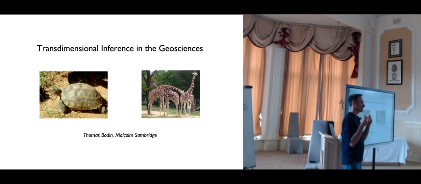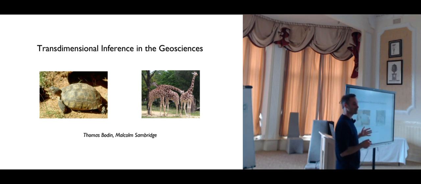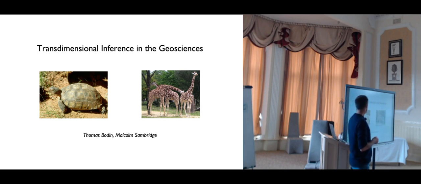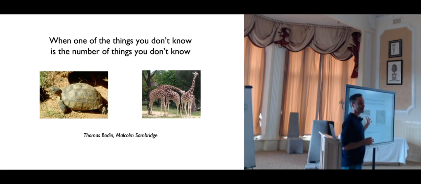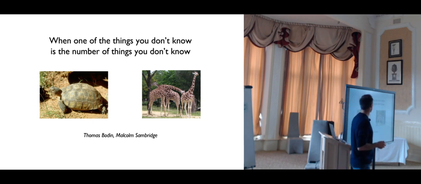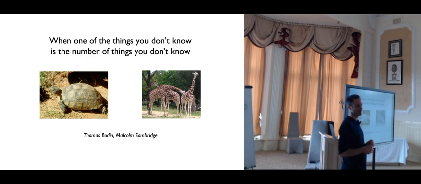The dimension of the model space is the number of model parameters, the number of unknowns. So we want to let the parametrization, or the number of unknowns, be a variable. Another title that I could have used is: when one of the things you don't know is the number of things you don't know. This is the problem I'd like to talk about today.